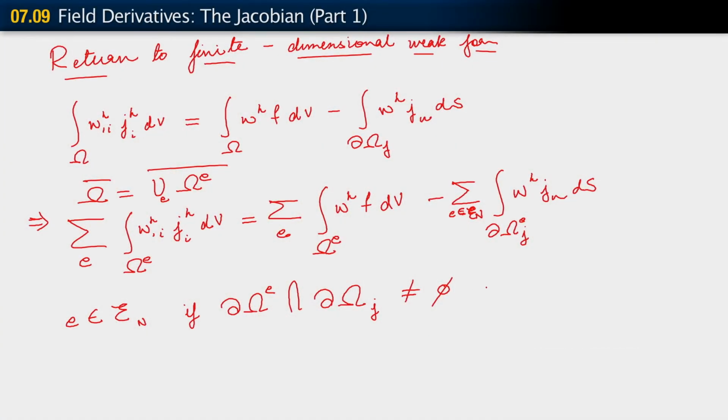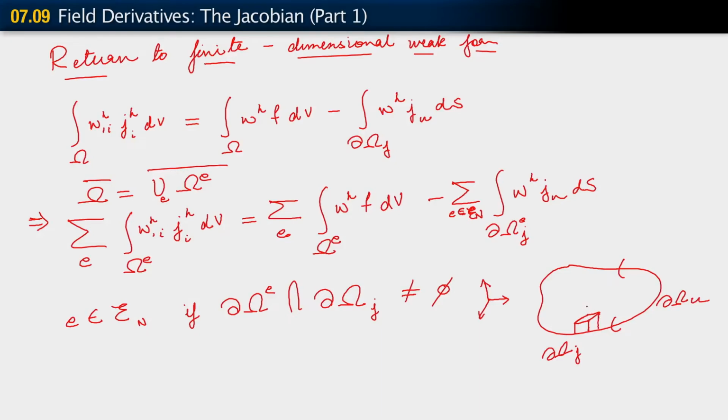So let me just draw that here. We have our domain, and I think we have been denoting that as the Dirichlet boundary. This is the Neumann boundary. So we're talking of an element that could have, or that does have, a boundary coinciding with the Neumann boundary.